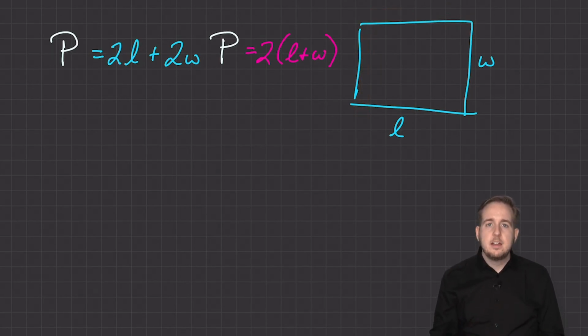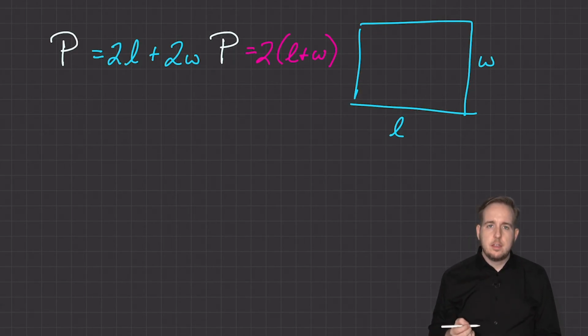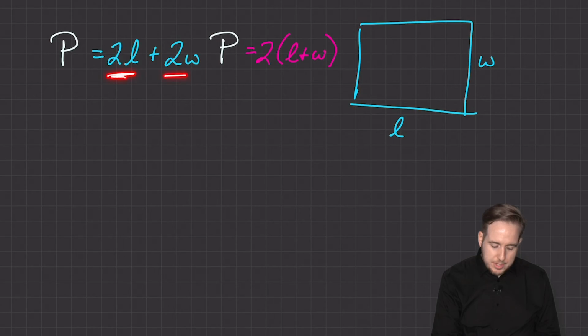And that is because even if you have brackets, very often there is a way to write the same thing without brackets. So having something plus something then multiplied by 2 is the same as adding 2 of the something and 2 of the something.